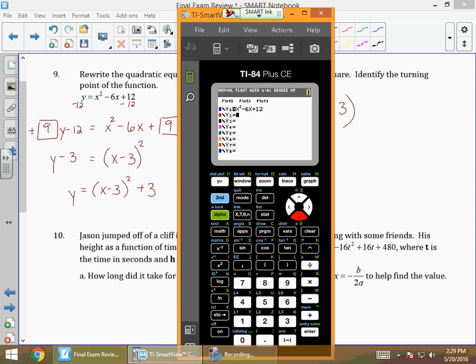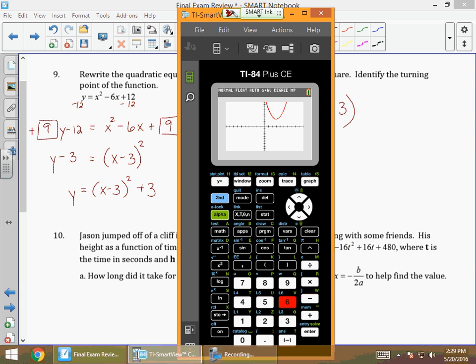But I'm going to check myself. I want to put in (x minus 3) quantity squared and then add 3. I'll hit graph or zoom 6 if I want a pretty graph, and make sure those two graphs lay right on top of one another. You saw the blue one come in and the red one lay on top of it. That tells me that those two graphs are the same.